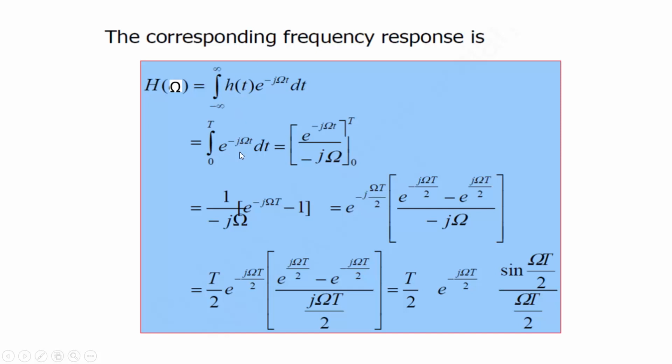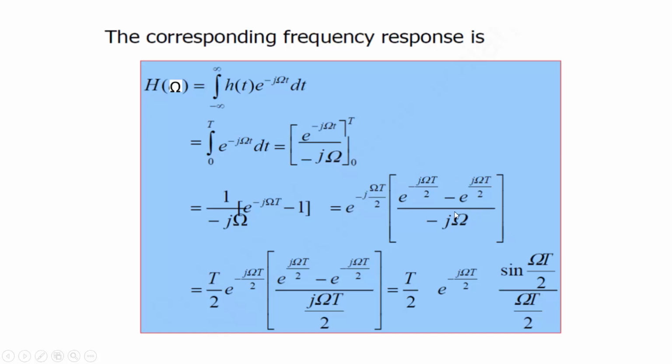So the expression reduces to this; if you solve this integral and do some manipulation by applying Euler's formula, by taking e to the power minus j big omega capital T by 2 out of the bracket, you will have this expression.